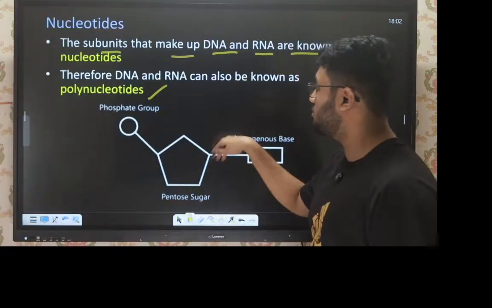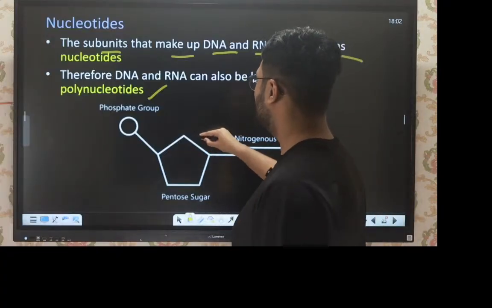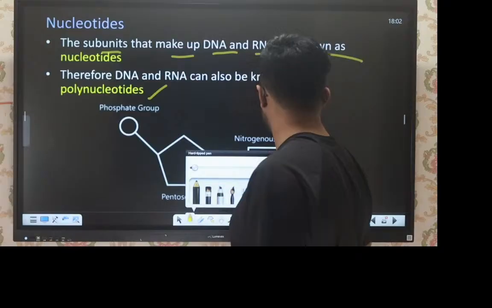Right, so this is how a nucleotide looks. This is a ribose or deoxyribose sugar.